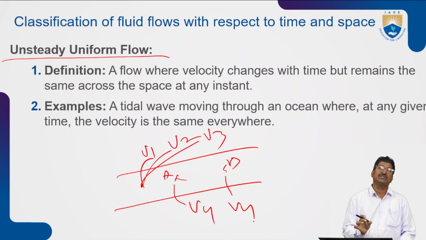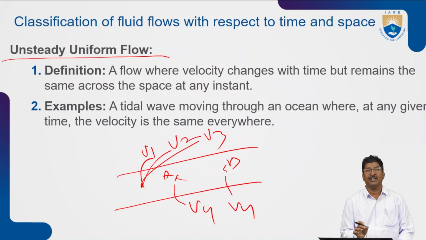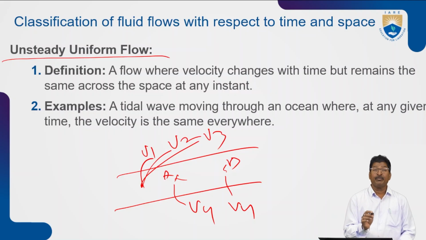So at different locations velocities are same at a particular point of time, but velocities are varying with respect to time at a particular location. That is unsteady flow and uniform.